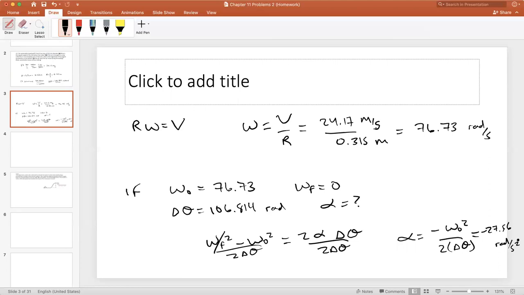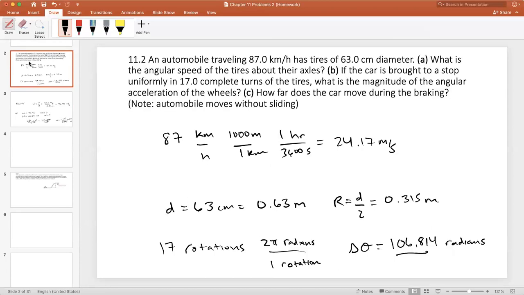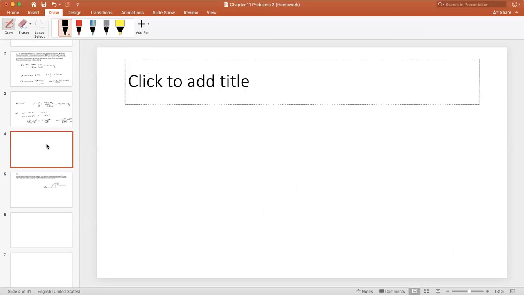So for part C in this problem, we're asked how far does it move in the x direction from the time it starts braking until it stops. So we want to know the change of x, assuming that a is our alpha again. Remember that these rolling without slipping conditions still apply.